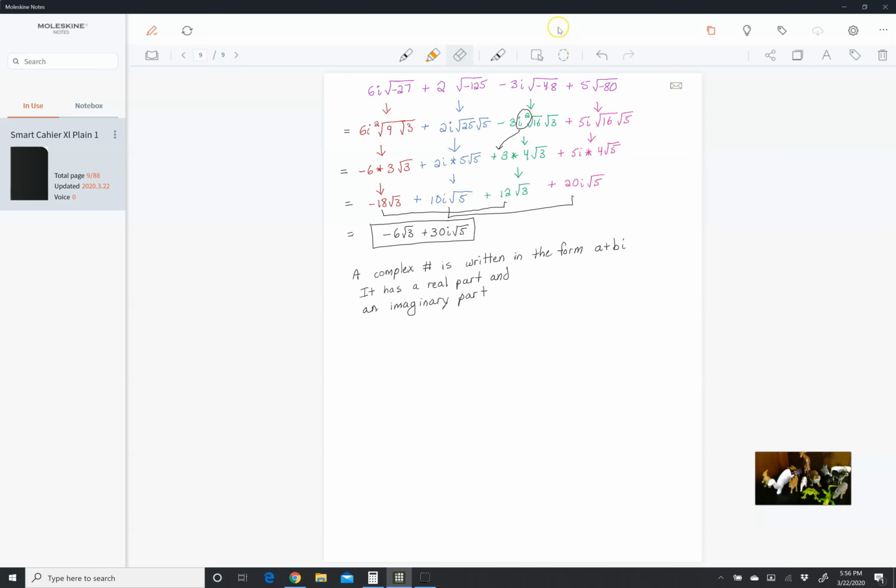So the A is the real part. The B, and just the B, is the imaginary part.